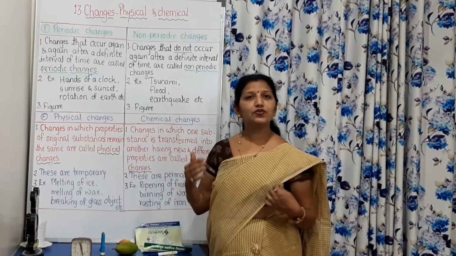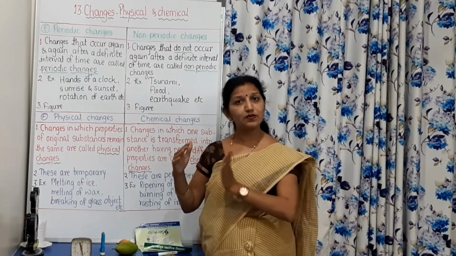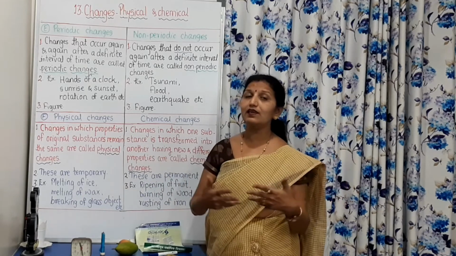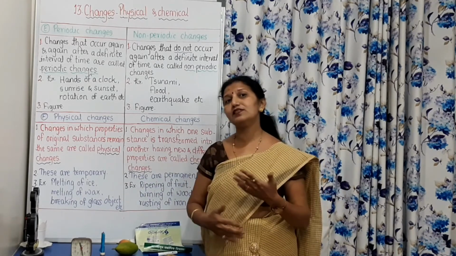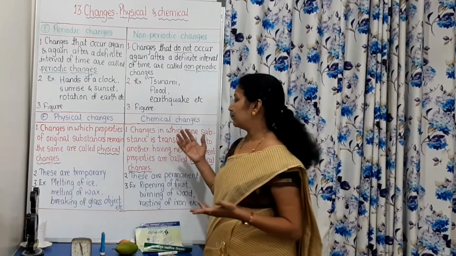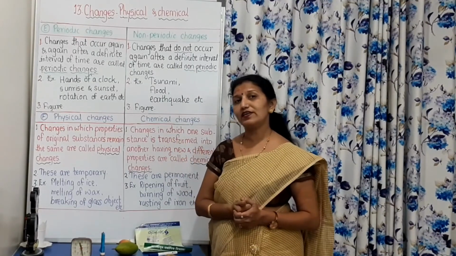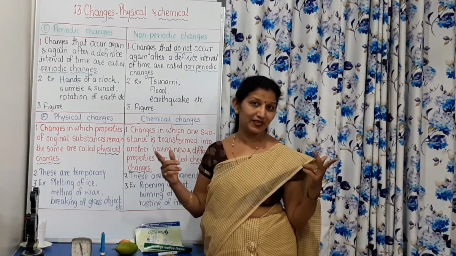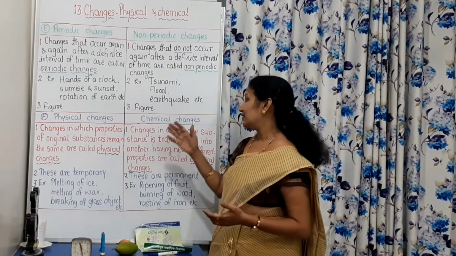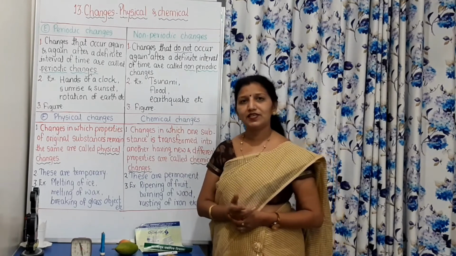Sodium has different properties whereas chlorine has different properties, and when these two chemically combine, there is the formation of common salt, which has different properties than sodium as well as chlorine. In this way there is chemical change.